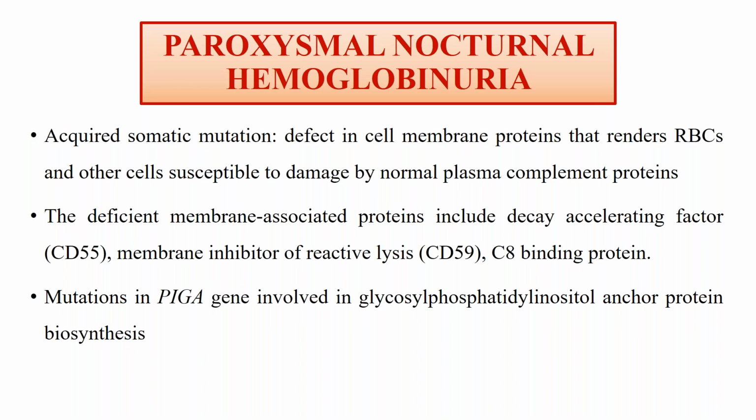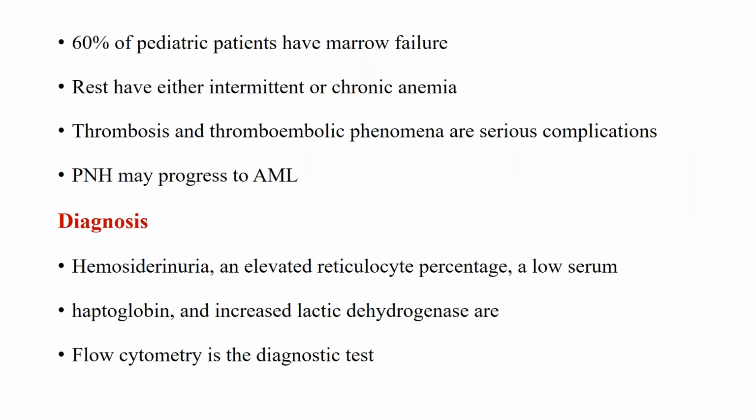So mutations in the PIGA gene, involved in the glycosylphosphatidylinositol anchor protein, lead to an abnormal shape of the RBCs and more hemolysis. There is hemosiderinuria, low haptoglobin and increased LDH, and flow cytometry is done as the diagnostic test.